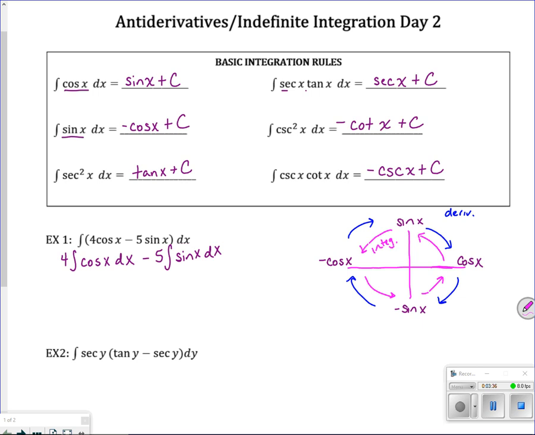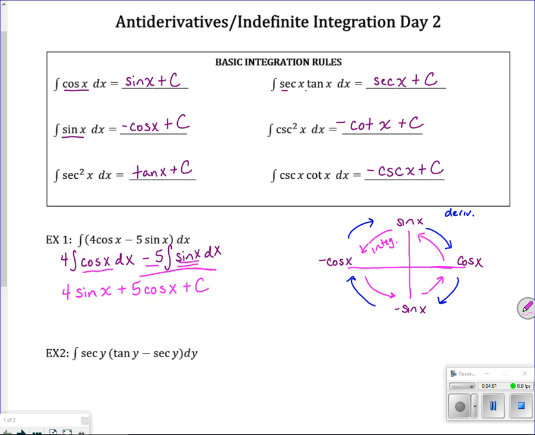The integral of cosine is sine, so that would be 4 sine of x. And then the integral of sine is negative cosine, so if I combine that with the negative 5, that's going to be plus 5 cosine of x, and then plus c.